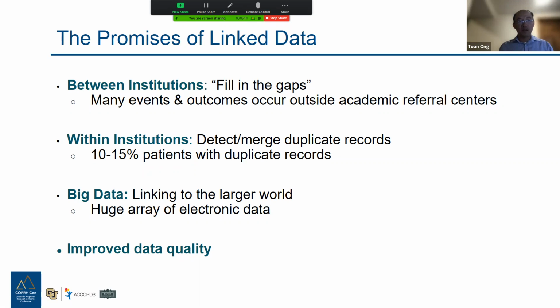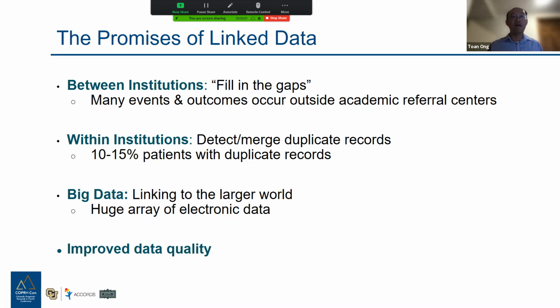Okay, so I'm going to go first, and then I'm going to hand it over to Jenna to talk about the workbook. But the objective of these first several slides is to introduce to you why we need to link data together. There are four big promises of linked data.